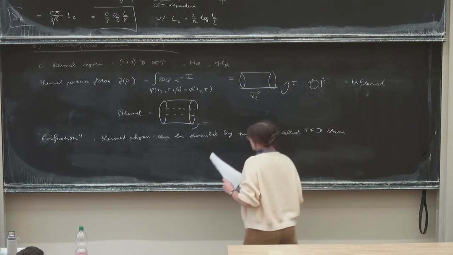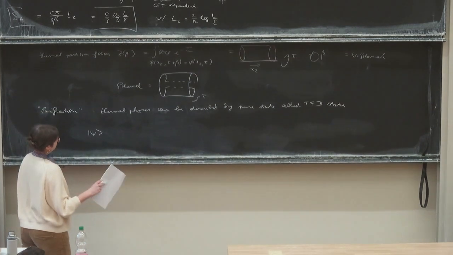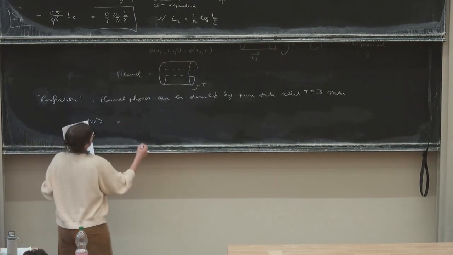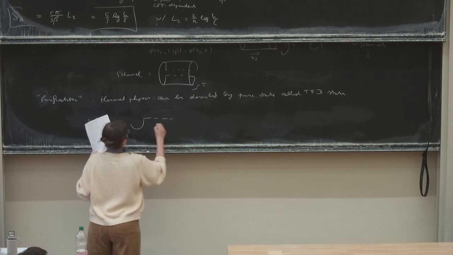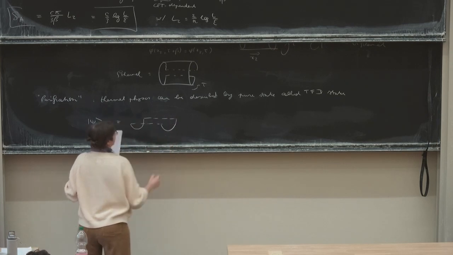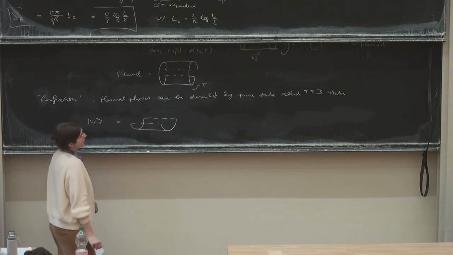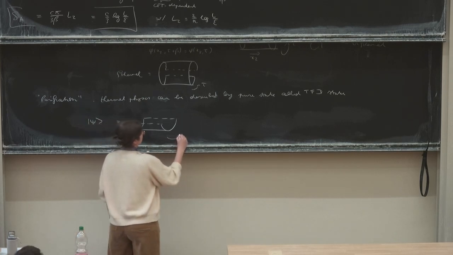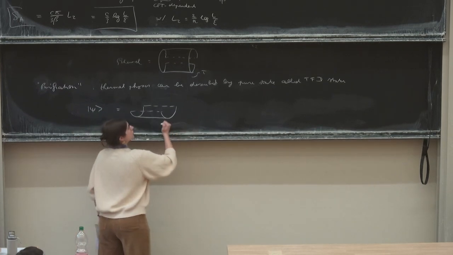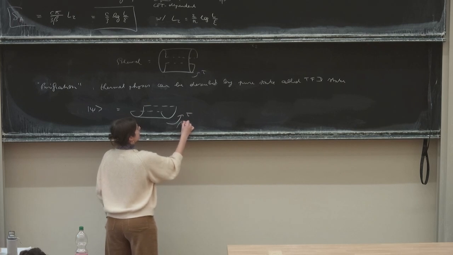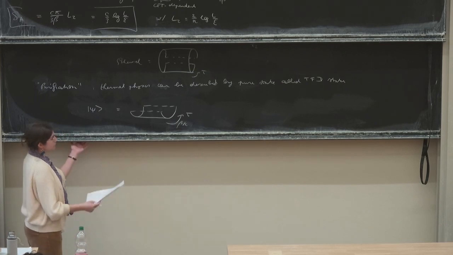The thermal field double state, I'll just write as psi like this. I'll give you a mathematical version, but it's defined pictorially as this state. So the one that you prepare by path integration over half the cylinder, okay? Half the cylinder, meaning that you evolve in tau for a period beta over 2 only. Not beta, but beta over 2.